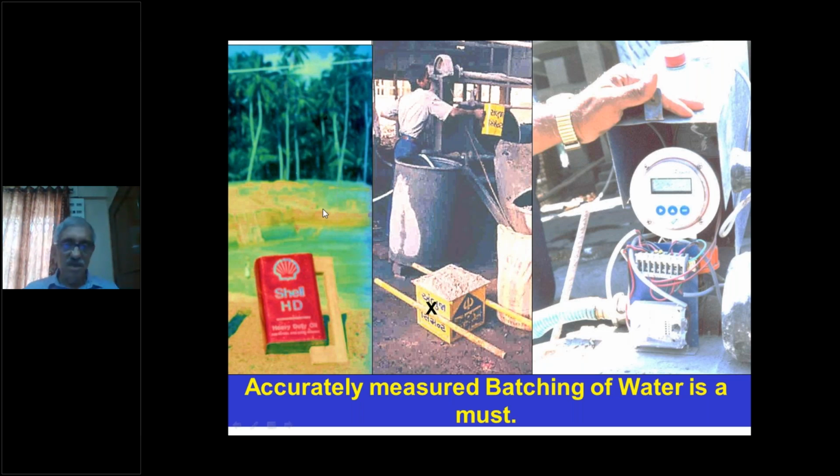In the earlier days, when this was not recommended or prescribed, people used to use buckets. And buckets had odd shapes and different capacities, and therefore there would be error in batching the water.